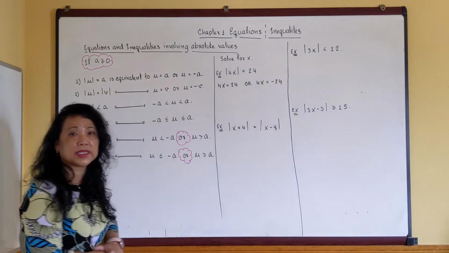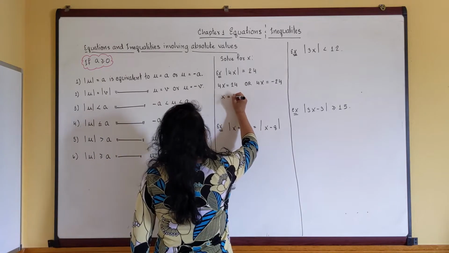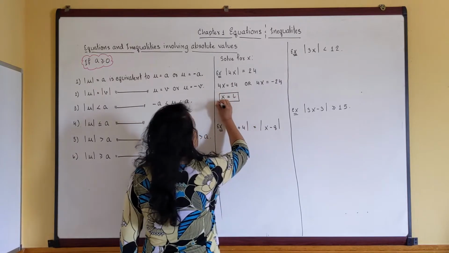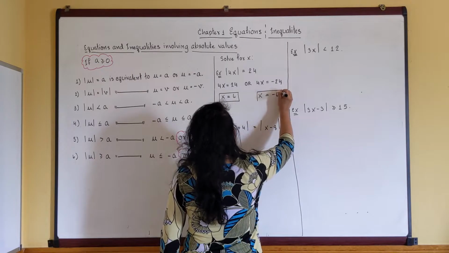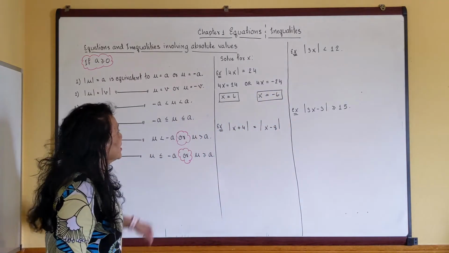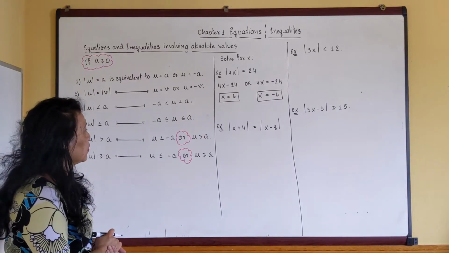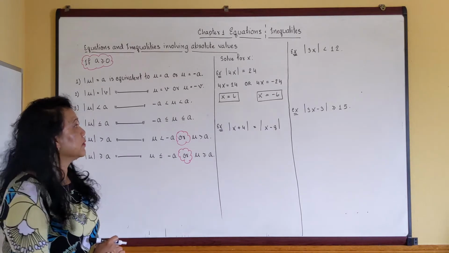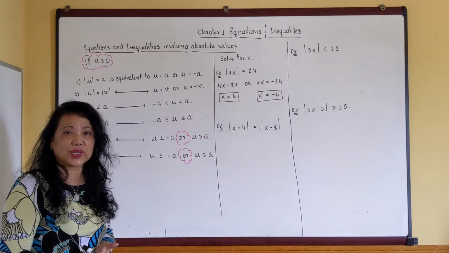Then I would have x equal to 6 or x equal to negative 6. Let's check it. If x equals 6, 6 times 4 is 24, comes out 24 from absolute value. If x is negative 6, you have absolute value of negative 24, which is 24.